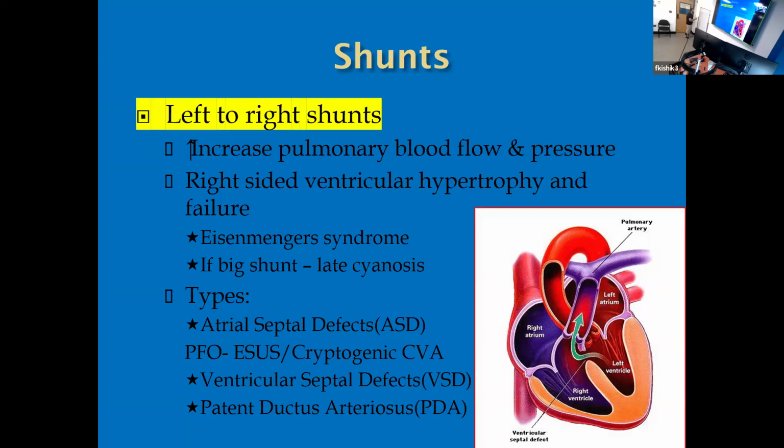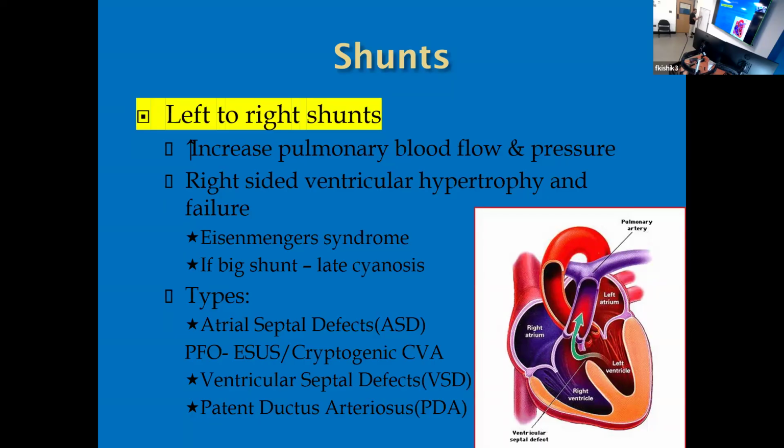All right, right to left shunt. A shunt is mixing of blood, oxygenated and deoxygenated. So a right to left shunt is going to be deoxygenated blood mixing with oxygenated blood. That's bad.